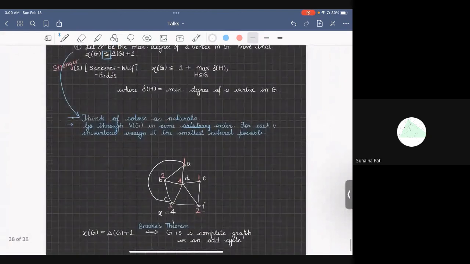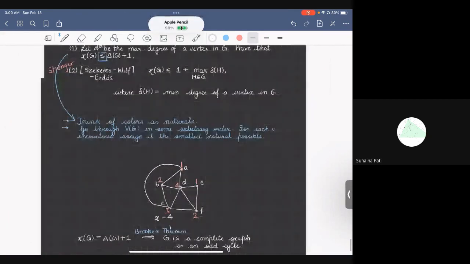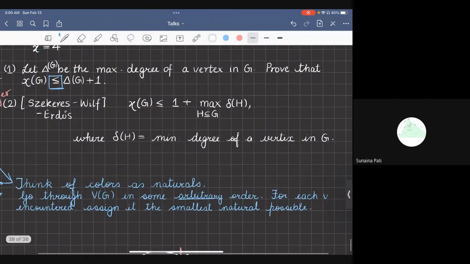So you're taking a subgraph H of G, yes, but then you take G only, no? Like you take H to be G. It's still fine. But the smallest degree in G may be much lesser than delta G. Yes, I see.